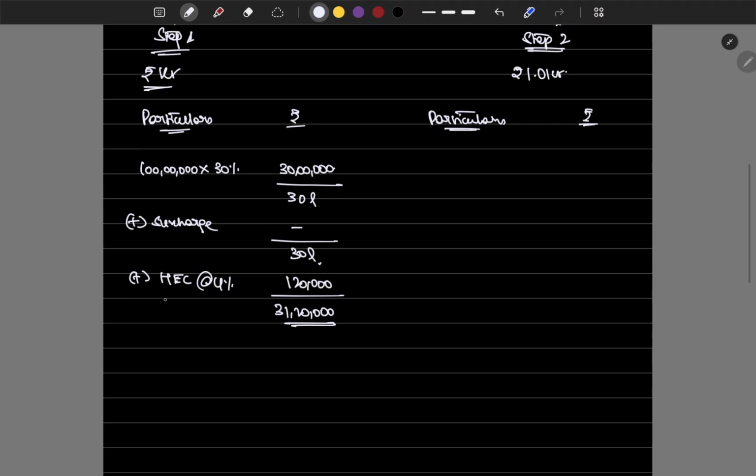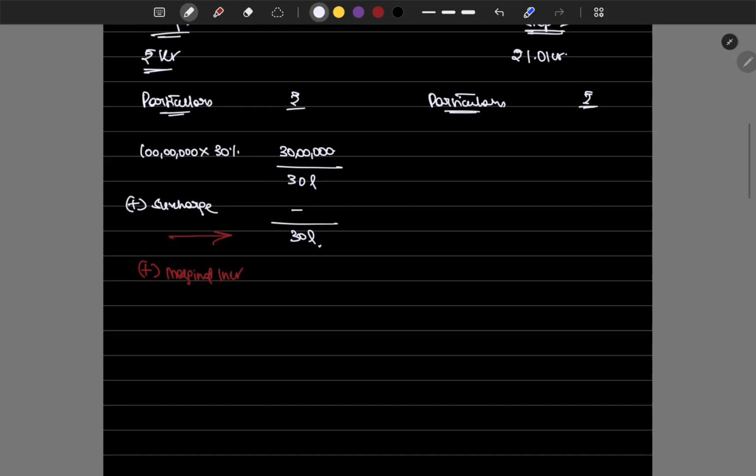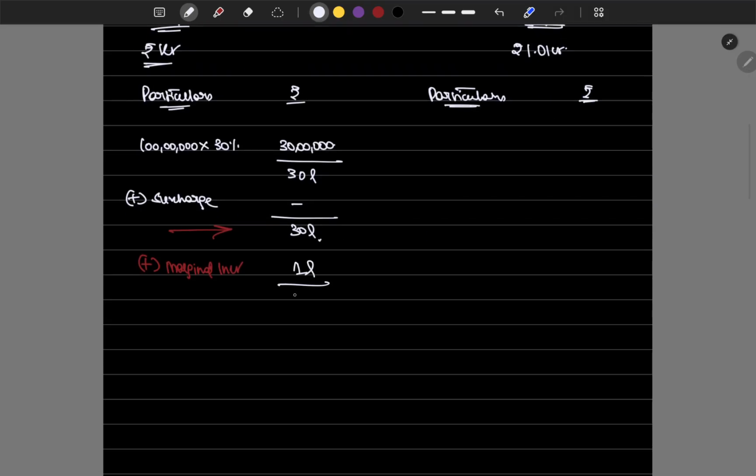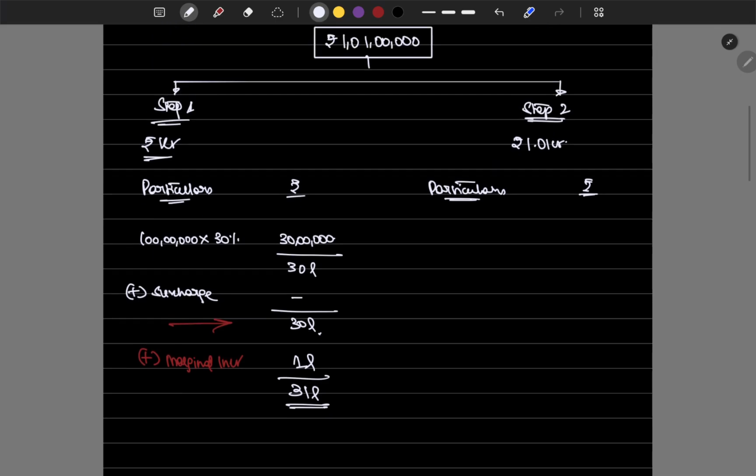If we don't consider the marginal relief, then this will be your tax liability. But we are considering the marginal relief here, so we should erase the health and education cess at 4%. We stick around here. Plus, what's the marginal increase? The marginal increase is 1 lakh beyond 1 crore, on top of the 30 lakhs. So total 31 lakh. Yes, we found the first step.